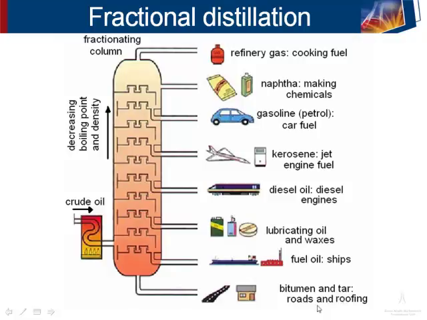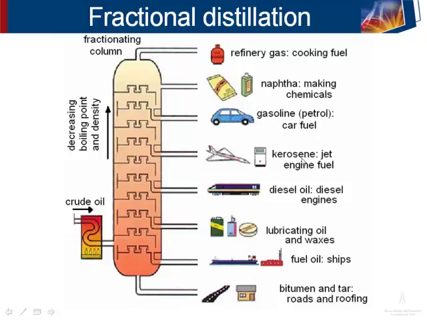So we get the tarmac that you surface your road with, and it's also used in roofing. Diesel oil, lubricating oil, and fuel oil, these three, are around 260 to 350, and these are about a carbon 14 to carbon 18 chain.